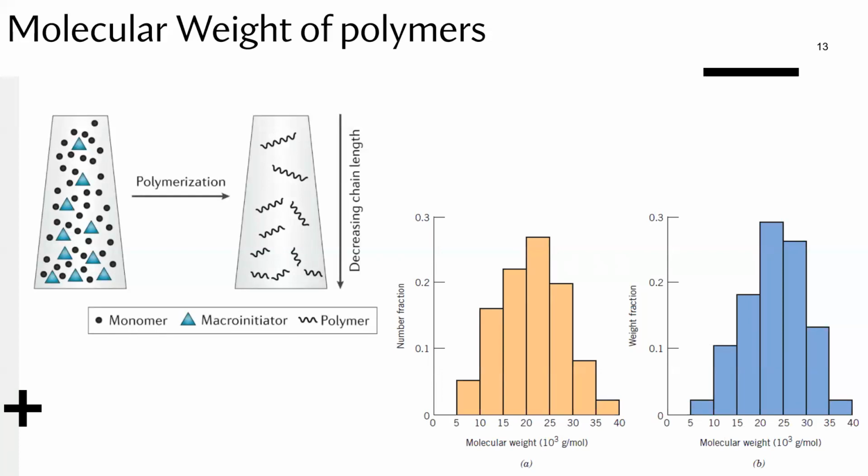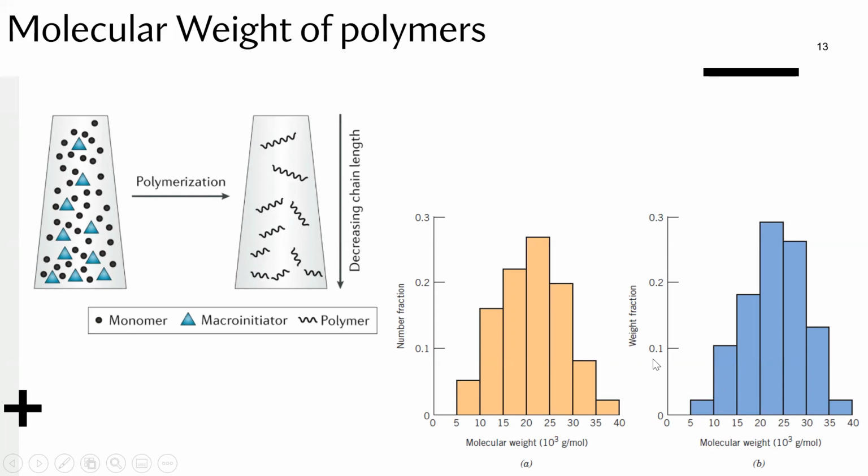But the main takeaway here is to remember that you can draw this distribution based on the number of molecules fitting in each of these intervals, which is the number fraction, or based on the weight fraction, which is how much of the weight of this entire sample is polymers with 20 to 25 times 10 to the 3 grams per mole molecular weight. How much of that weight is polymers with another molecular weight?